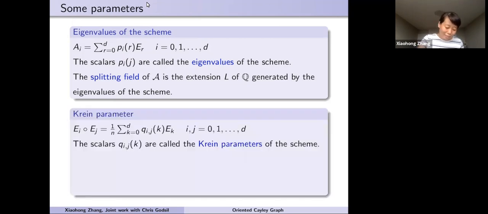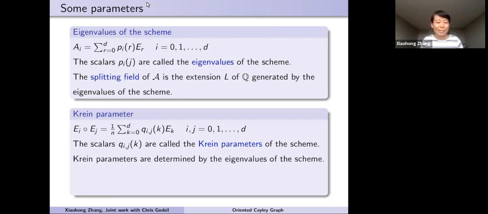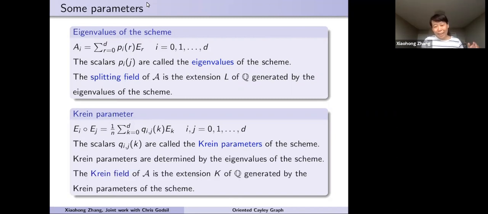Now we take the Schur product of these idempotents. Again, it can be written as a linear combination of those bases, and the scalars are called the Krein parameters of the scheme. One relation between the two is that all the Krein parameters can be written in terms of the eigenvalues. So again, we add the Krein parameters to the rational field and consider a larger field.